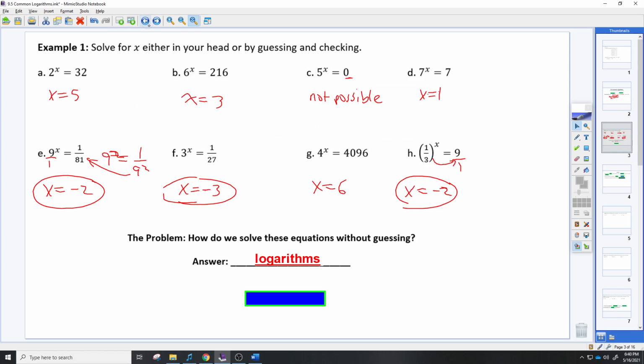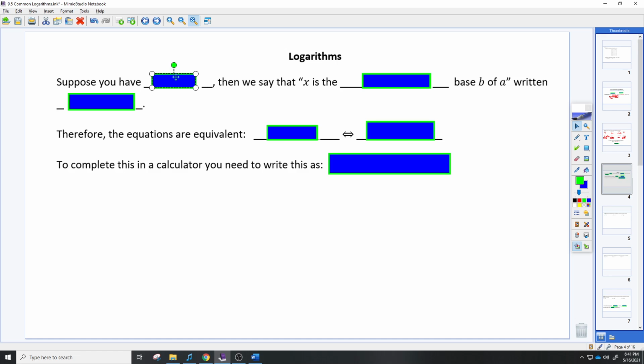So let's go back to one of these examples. We have some number to the x power equals another number. So I'm going to put letters in with it: b to some exponent x equals a. Suppose we have this. Then we say x is the logarithm base b of a.